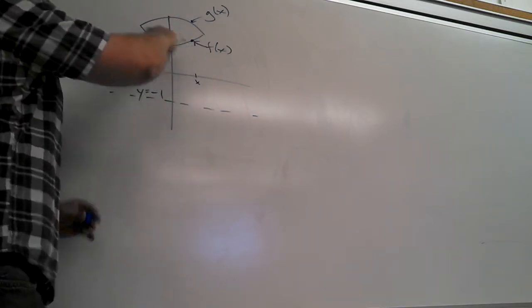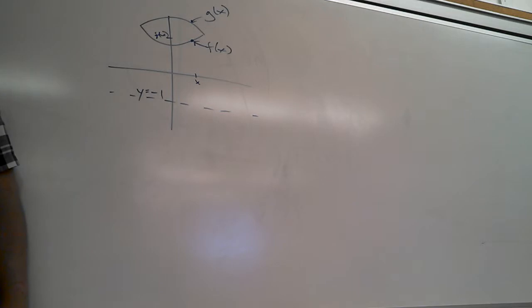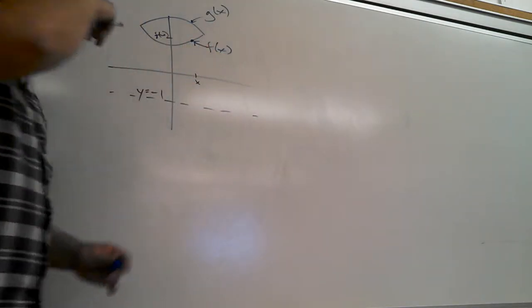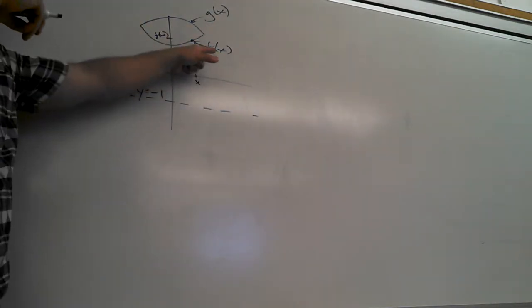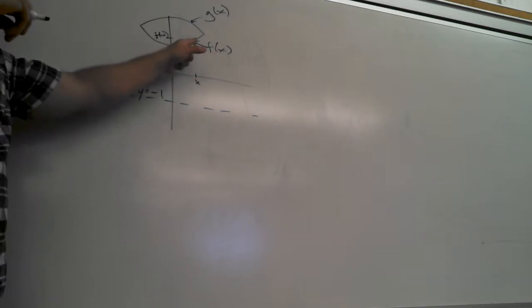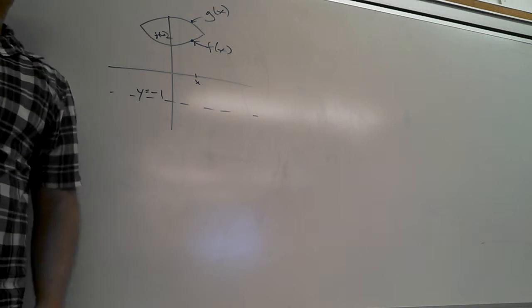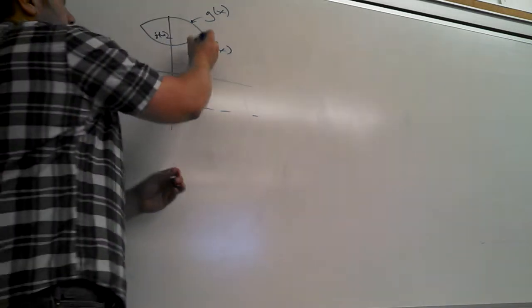What does that f of x value really represent? Bottom function. True. But if I was rotating this around the x-axis itself, what would that f of x represent? So you answered my first question.